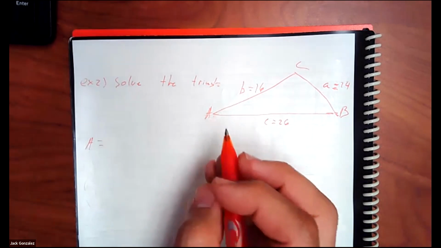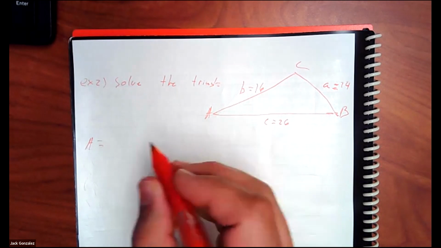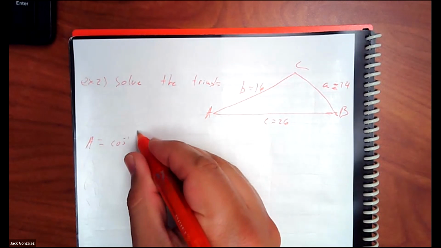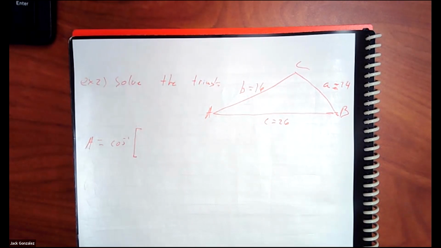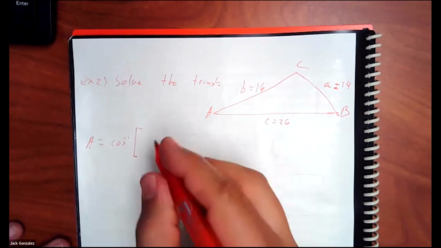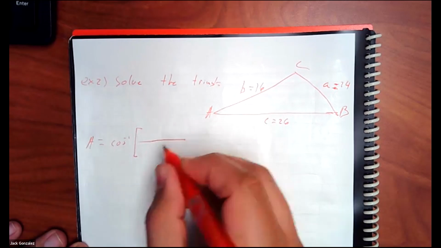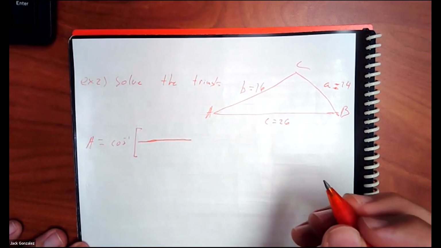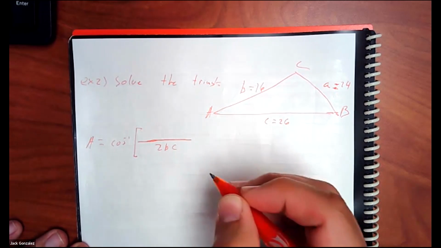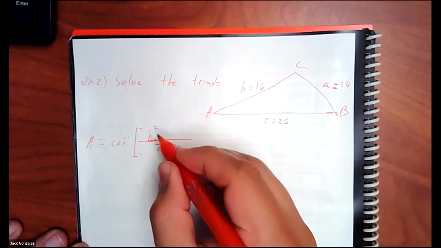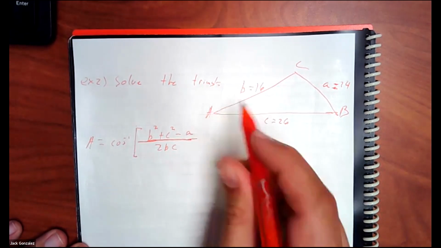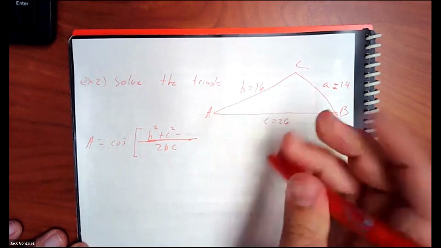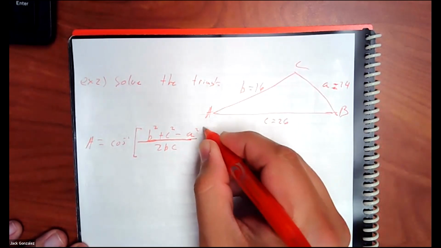A is equal to cosine inverse... There we go.